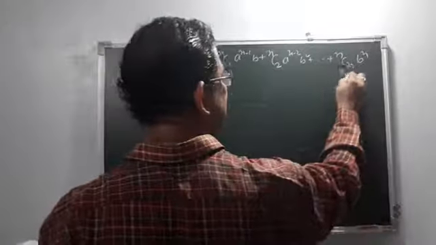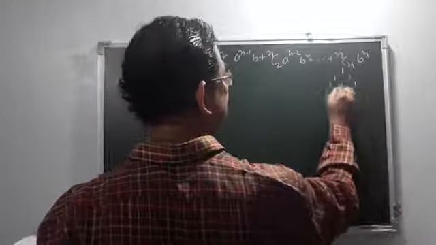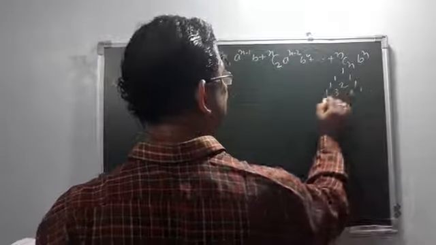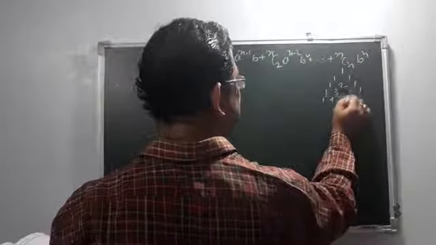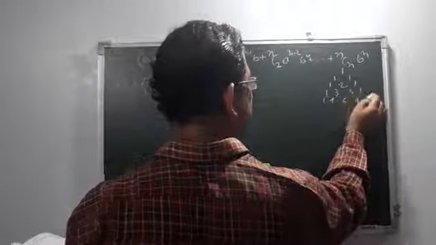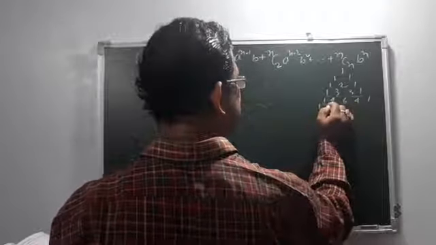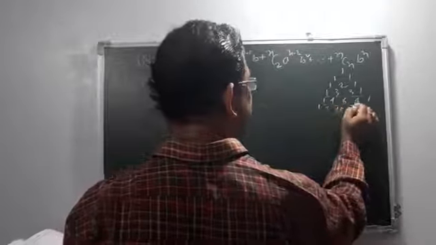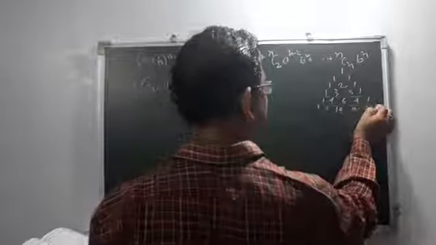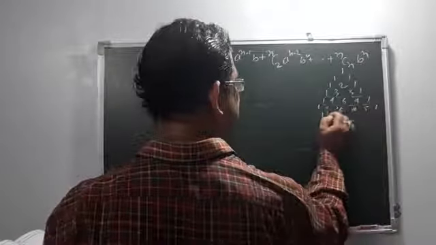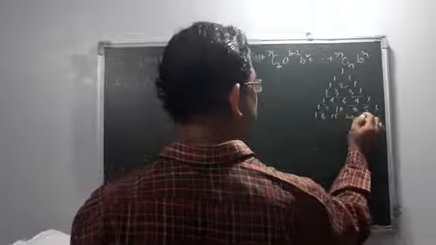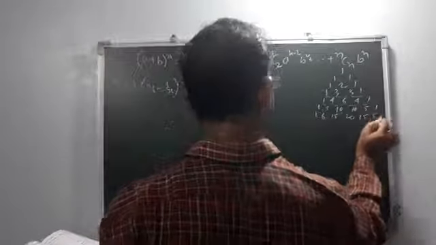Pascal's triangle: 1, 1 1, 1 2 1, 1 3 3 1, 1 4 6 4 1, 1 5 10 10 5 1, 1 6 15 20 15 6 1.